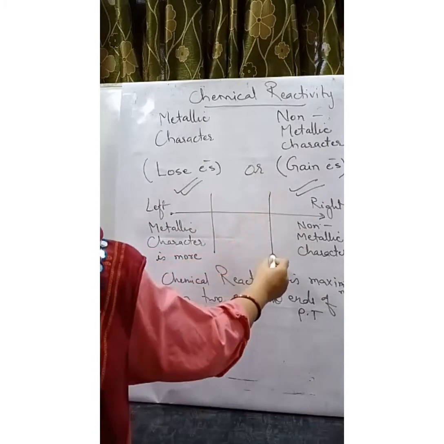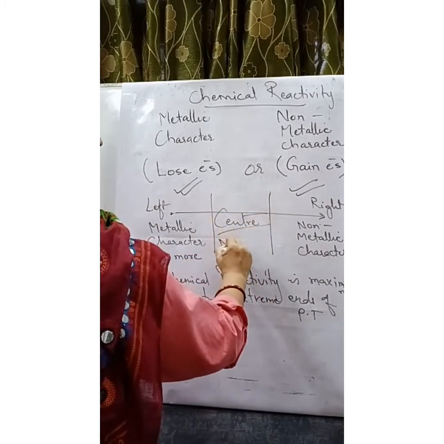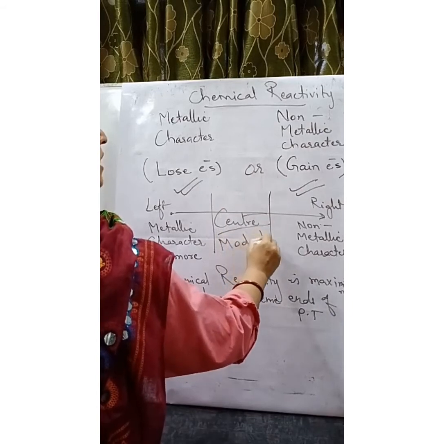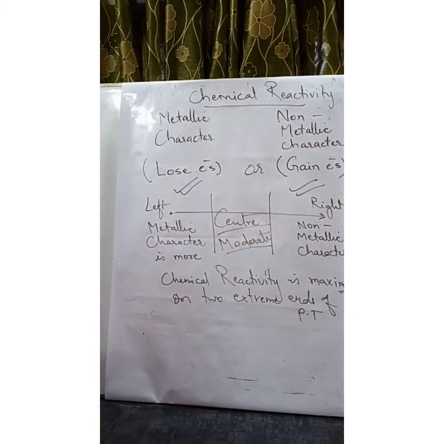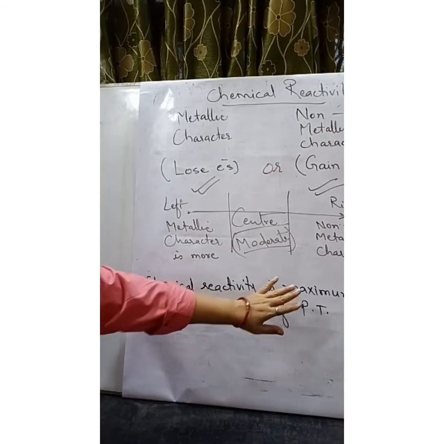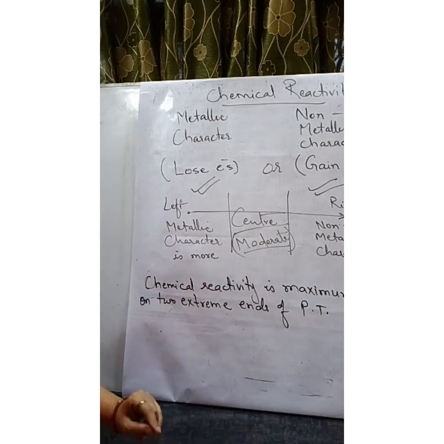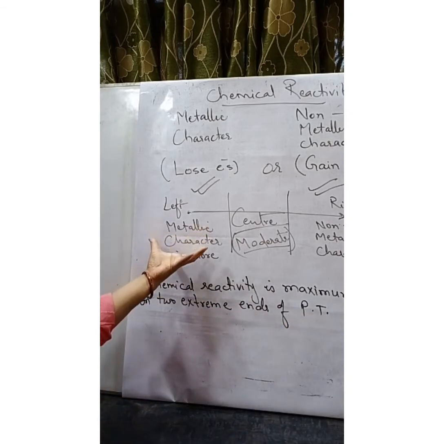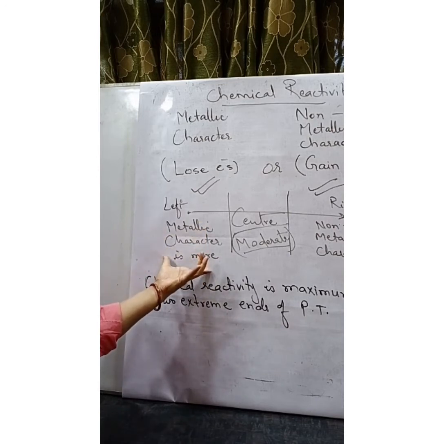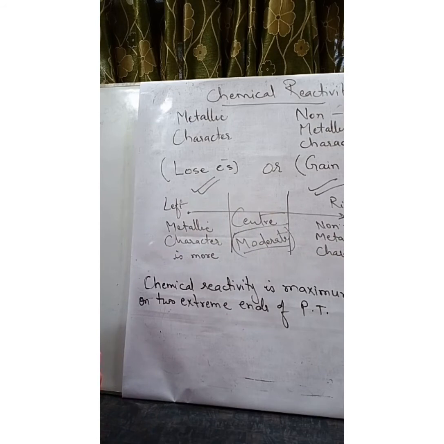And what about the center of the periodic table? There is moderate chemical reactivity in the center. Hence, chemical reactivity is maximum on the two extreme ends of the periodic table.